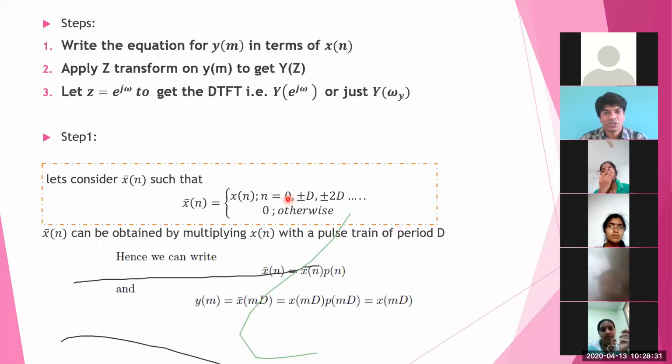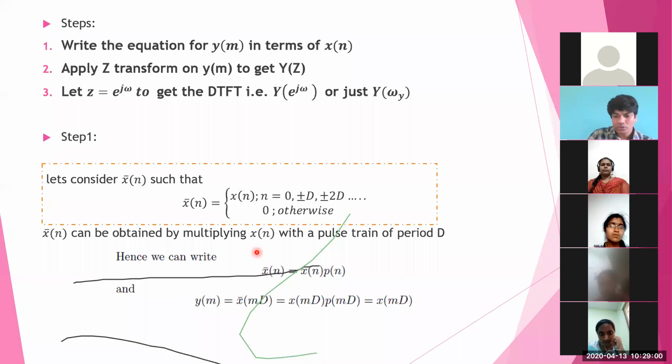As you can see here, 0, D into 0, obviously it is 0, and it does not really matter, negative or positive. Here we are retaining plus or minus D, and plus or minus 2D, and so on. That is integer multiples of the decimation factor. And at the rest of the points, we are just turning it into 0. We have just seen that example.